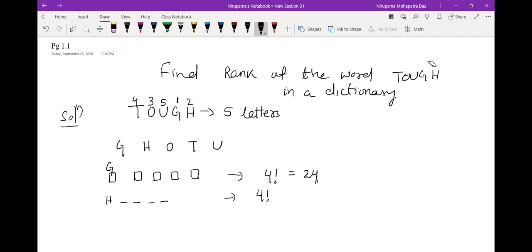Factorial 4 again, 24. Okay, now G, H. Next one is O. So again, we are also not interested, but we have to find the number of words. So here you see 1, 2, 3, 4. Again, 4 letters, 4 places. Factorial 4. It means 24 ways.